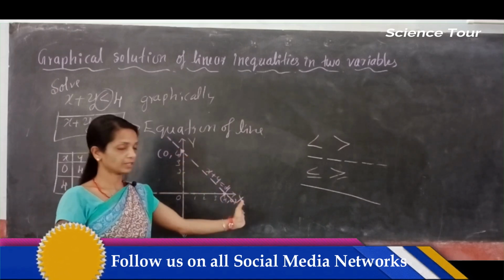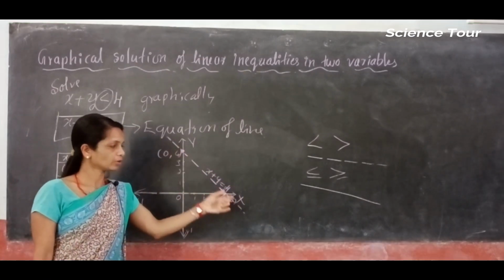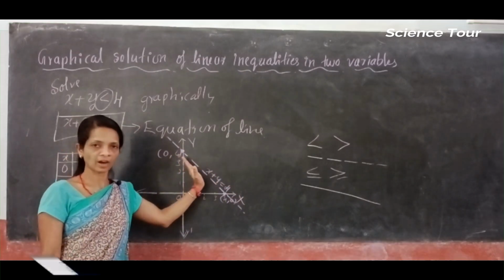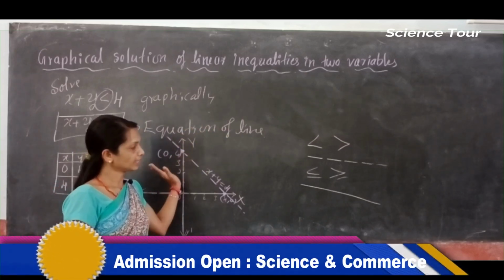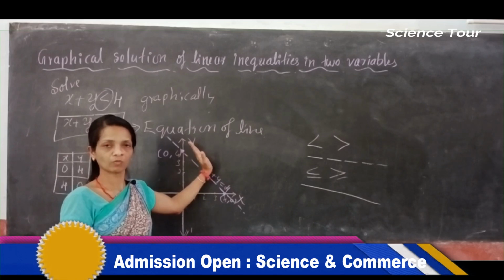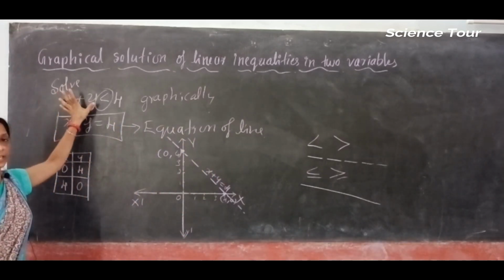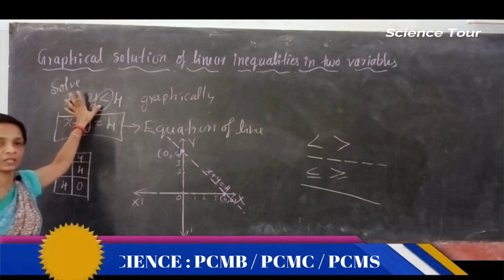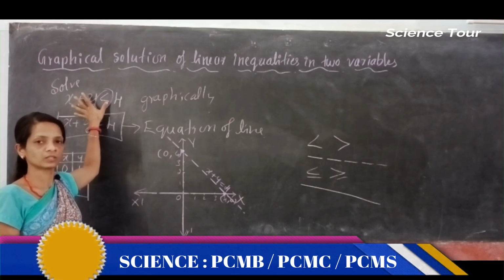This line, x plus y is equal to 4, also divides the plane into two half planes, upper half plane and lower half plane. One of these half planes will be the solution region of this inequality. Solution region means the region containing all the solutions of this inequality.